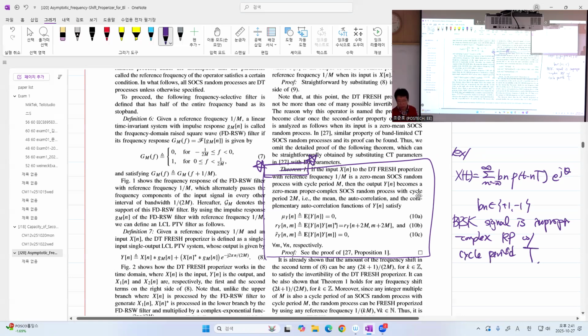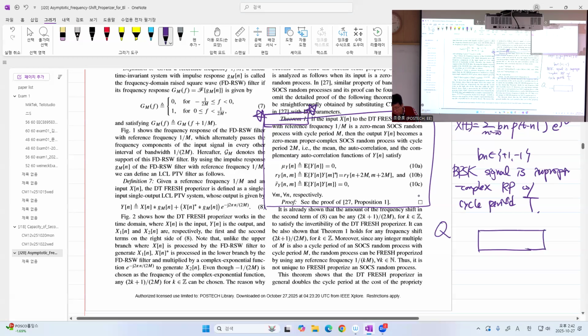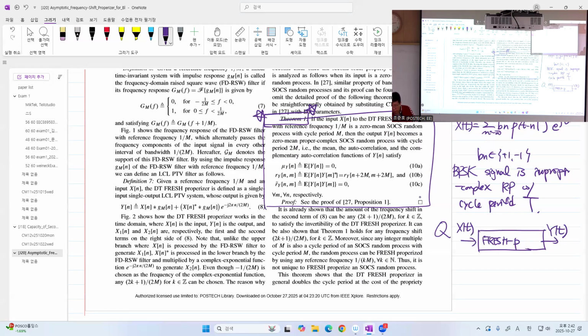So the question was what? For example, what happens if we use the fresh properizer to convert this one to a signal with cycle period 2T.